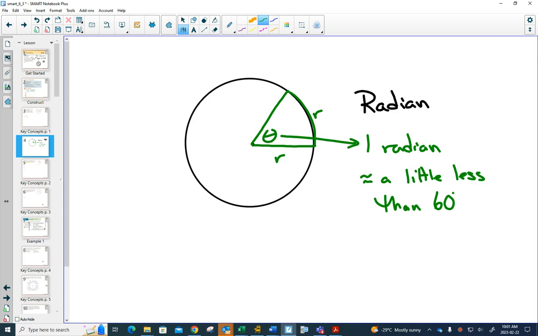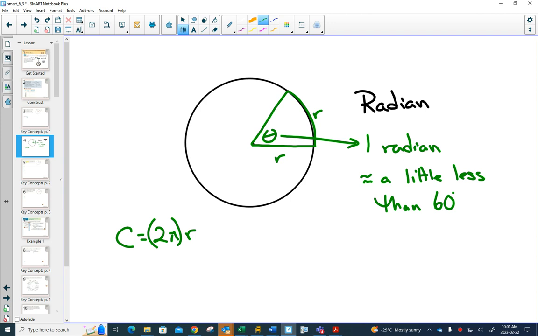So if this arc length is r, the question is, what would the whole circumference be? We know that the whole circumference is 2 pi r. And maybe you've never thought about this formula as actually a number, right? 2 pi is 6.28, and r is your radius.